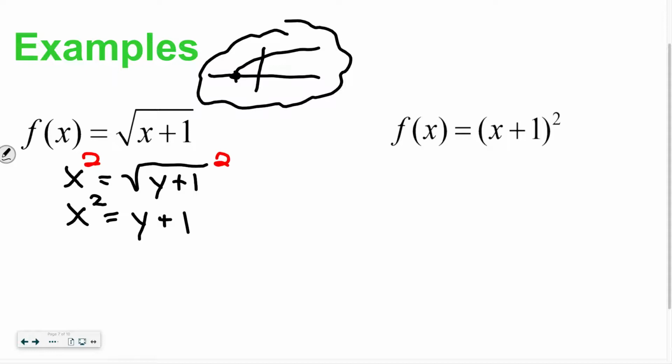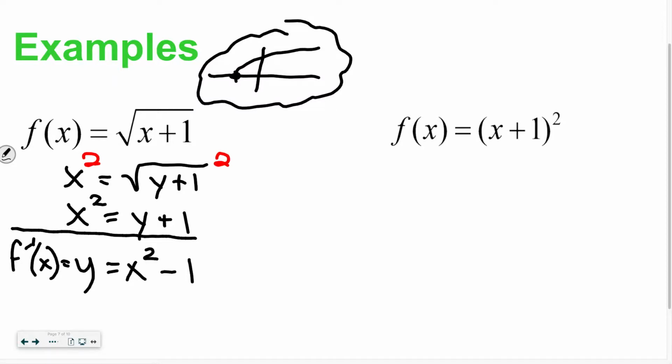I'm going to flip-flop this around. y equals x squared minus 1. And if you want to say f inverse, you could also do that. So I'll add that in the front. f inverse of x equals y equals x squared minus 1. I'm not too picky whether you use y or the f inverse. I'll accept either one.